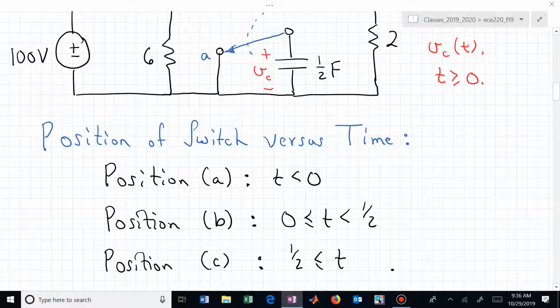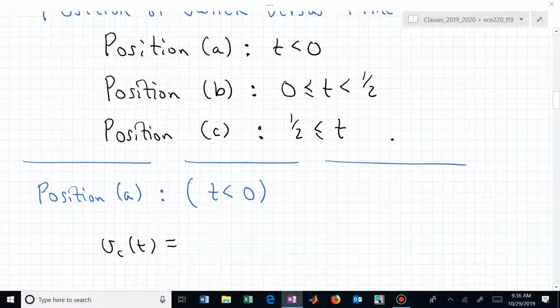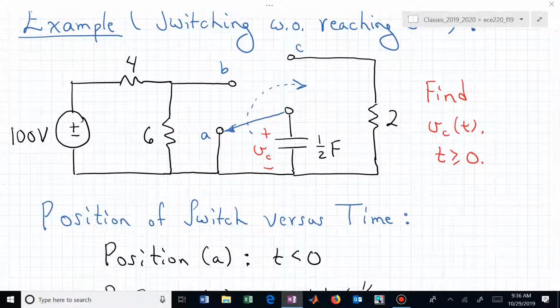And don't you wish the exam question was that easy? A, B, C, or D, or E? What is the answer here? What's the voltage across that capacitor at time 0, if we're starting in position A?